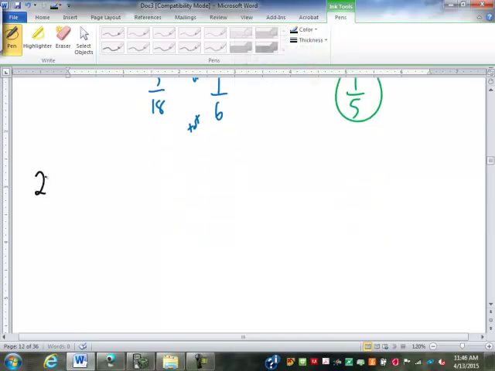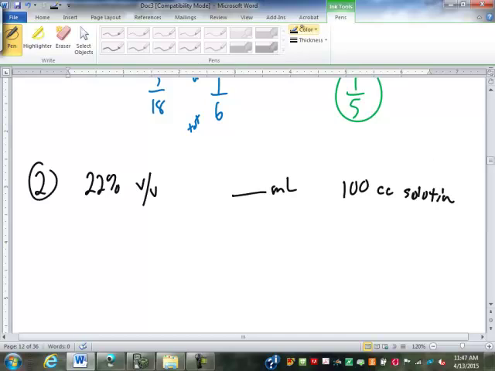Number 2, in a 22% volume in volume solution, blank milliliters of concentrate is in 100 cc's of solution. Well, remember, in a volume in volume, it is concentrate to total.